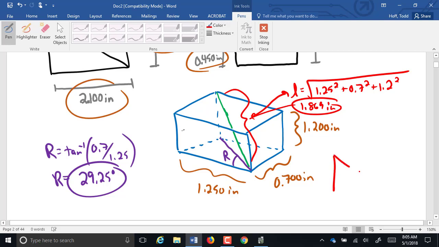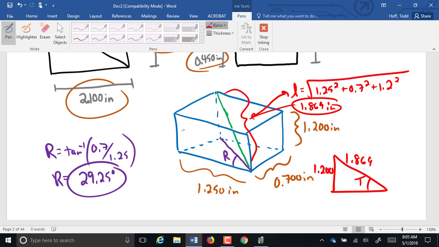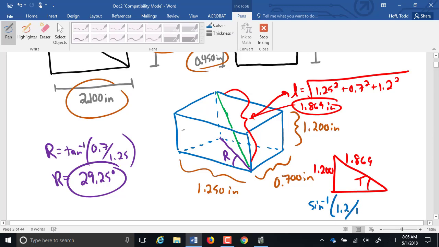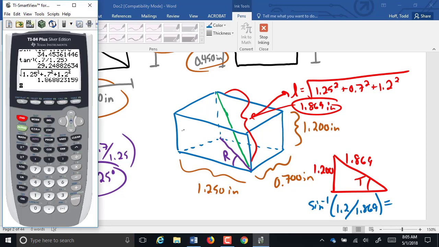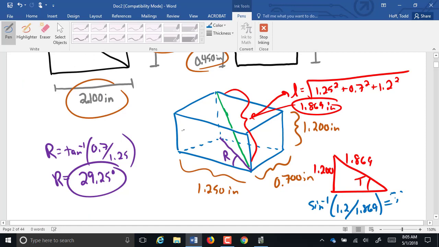So that T, which is this angle here, we have 1.2 here and 1.869 here. That'll be the inverse, perfect, 39.95 degrees.